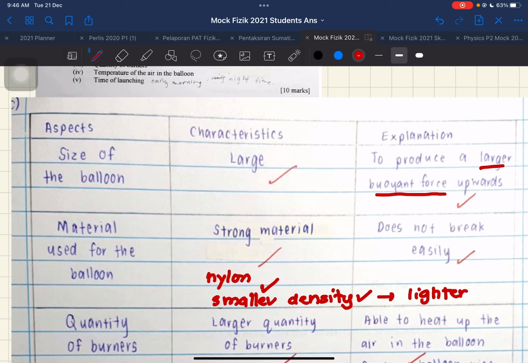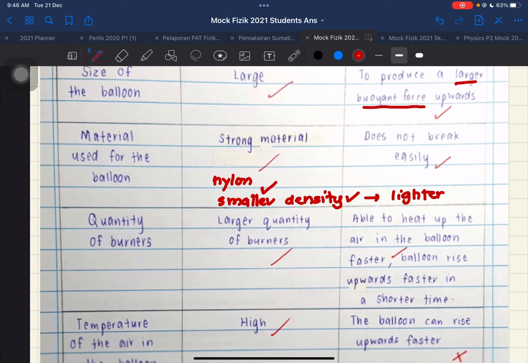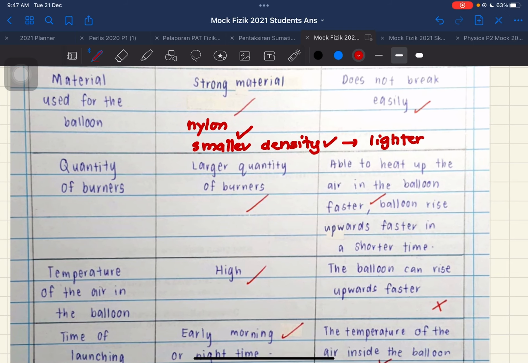Lighter, smaller mass. And then the quantity of the burners, it should be large quantity of burners. And then no need to write the number of the burners, can just write large quantity of burners. And then reason: heat up air in the balloon faster.